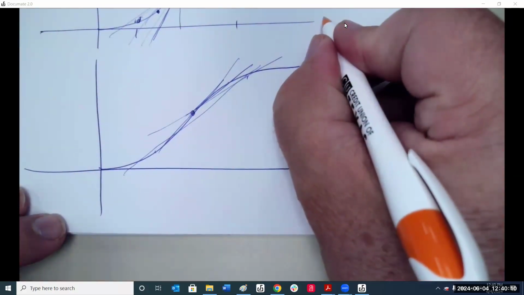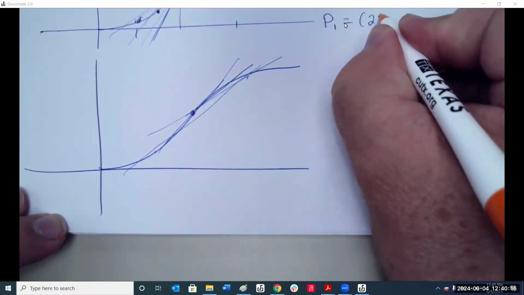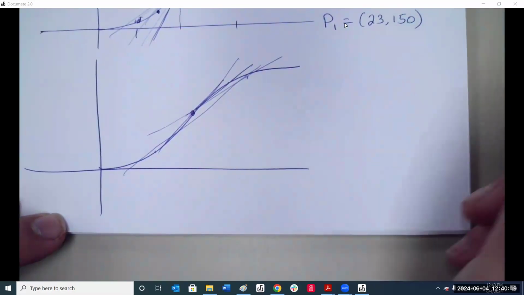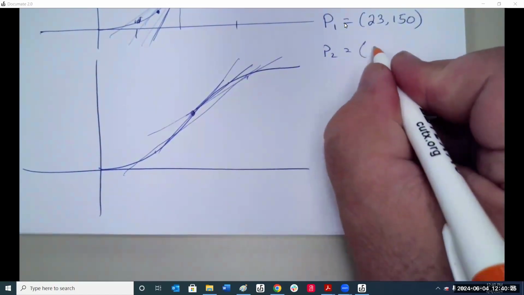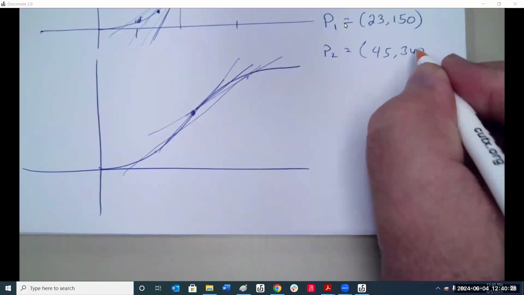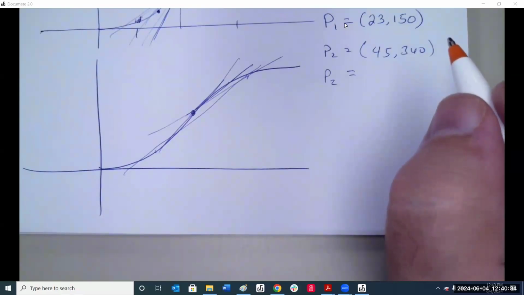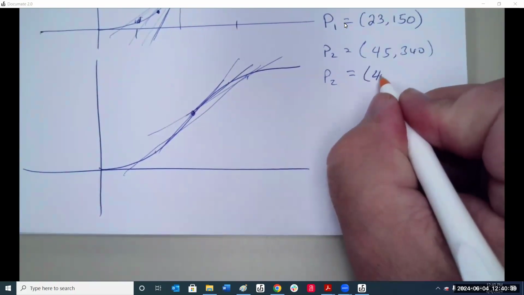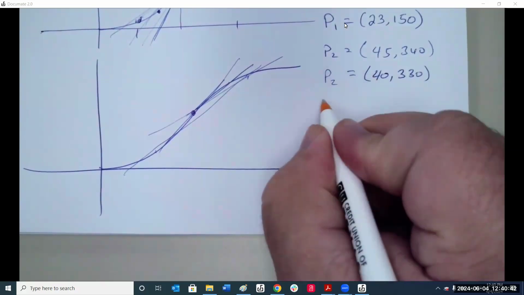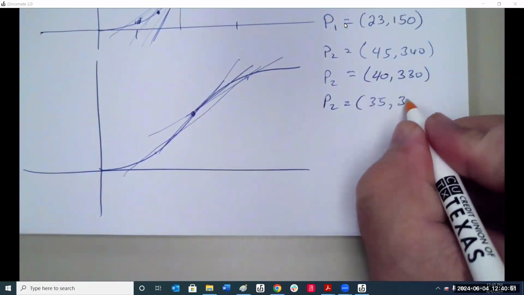So let's call point 1 (23, 150). And then for point 2, we used 45, 340. The next one we can use would be 40, 330, then 35, 310.